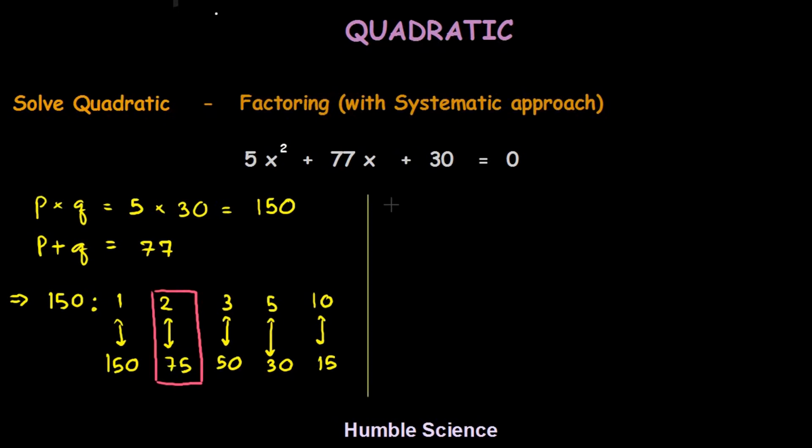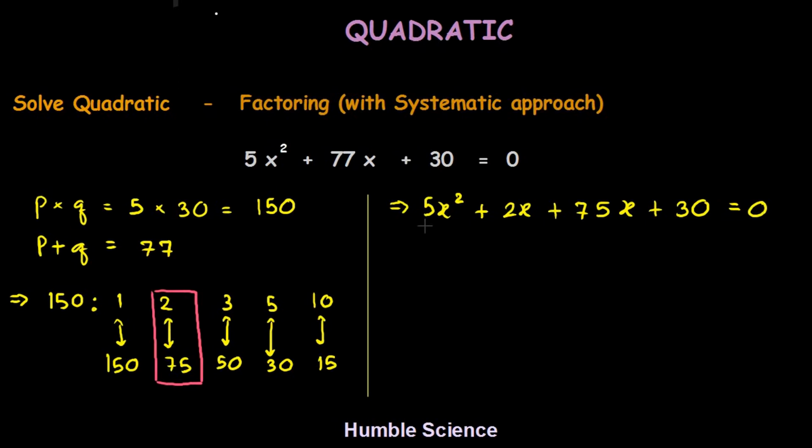Next, we will write it down as 5x squared plus 2x from what we found over here, plus 75x again from what we found over here, and then plus 30, which is whatever is left in the equation.